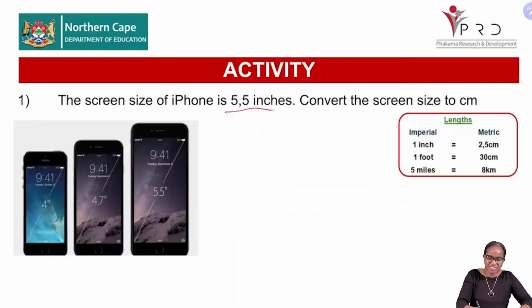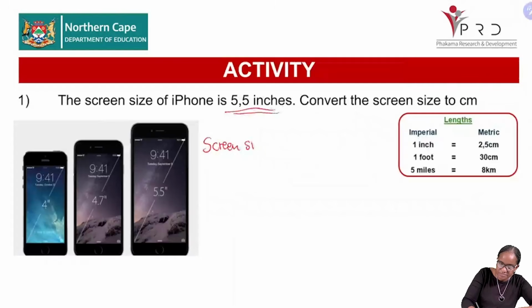So we want our screen size in centimeters. Let's write this. Screen size, we want it in centimeters, but we are given the screen size in inches.